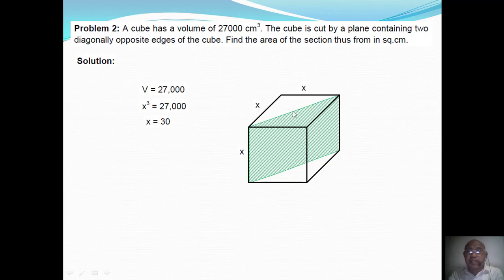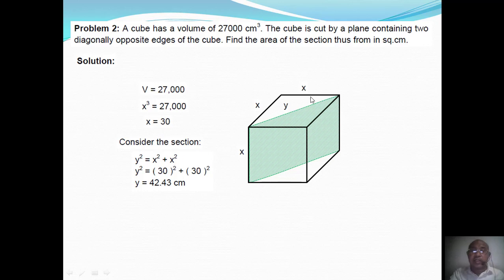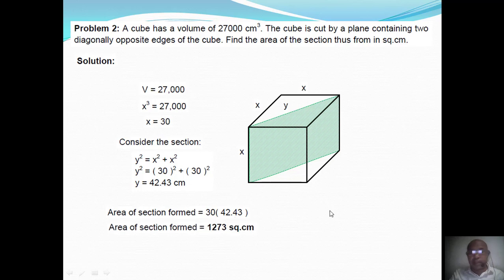I will call the length of the diagonal y. So notice that y squared is equal to x squared plus x squared. Then I can solve for y, 42.43. So the area of the section is equal to 30 times 42.43, and that is equal to 1,273 square centimeters.